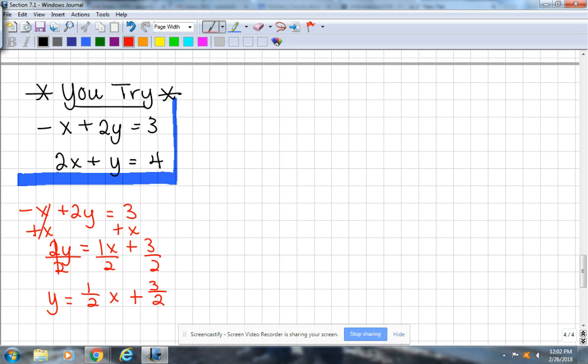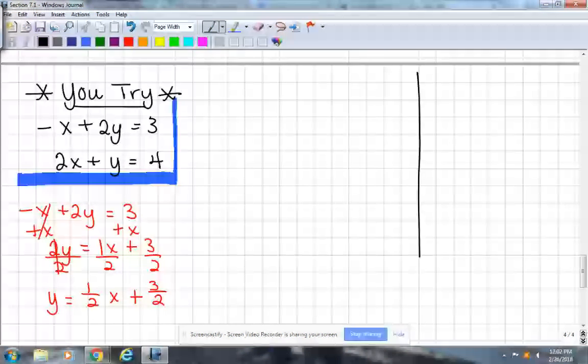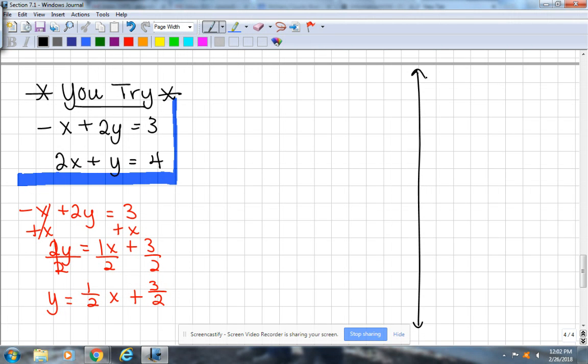So now that it's in slope-intercept form, I graph my x and y axis on my graph paper. And like I said, 3 over 2 is 1.5, so I go up 1 and up a half more on the y-axis. My slope is positive 1 over 2, so I go up 1 to the right 2. And remember, I'm still halfway between because my y-intercept was a fraction.